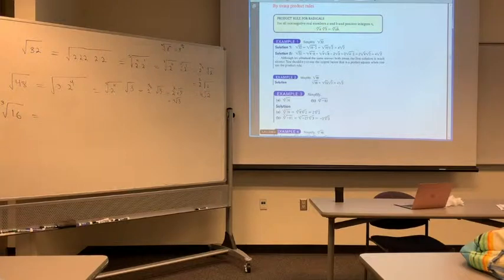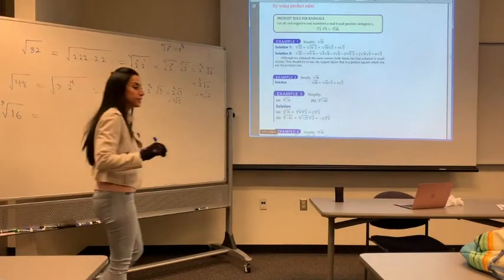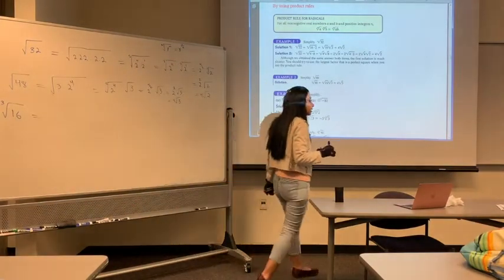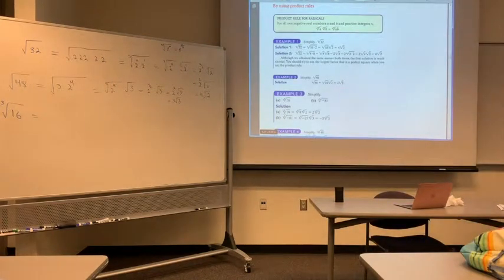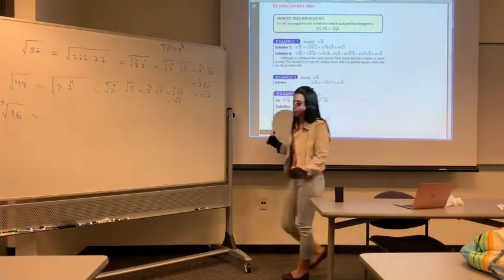So now we have 16. This time the index is 3. It means under the radical we should have a number multiplied by itself 3 times to be able to bring it out of the radical with index 3.